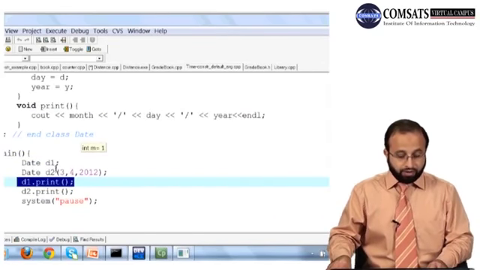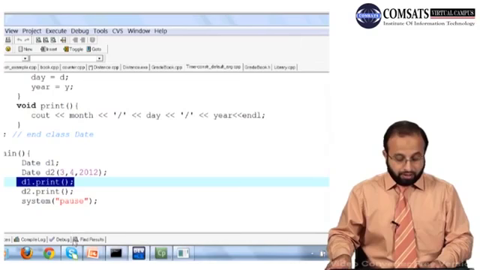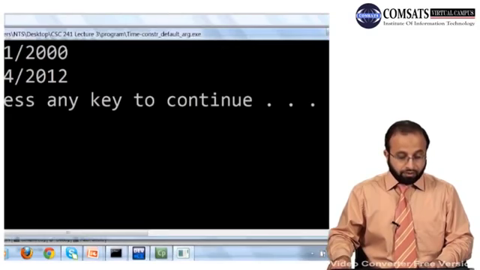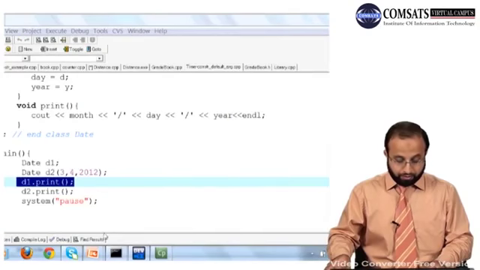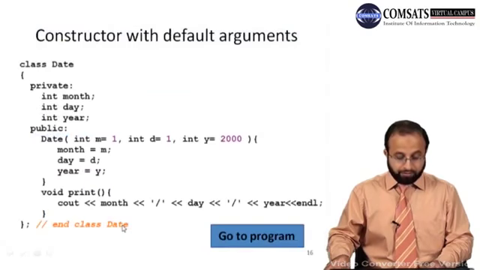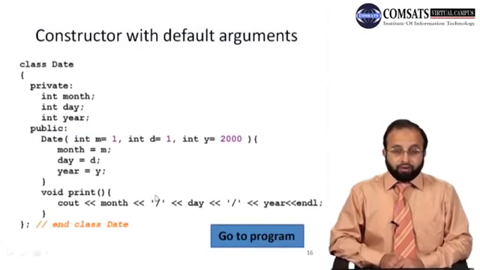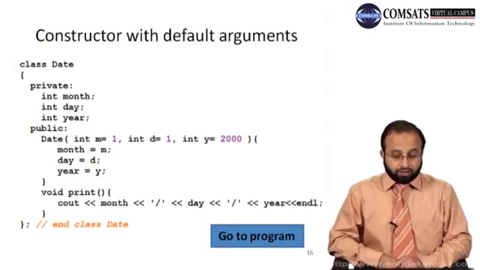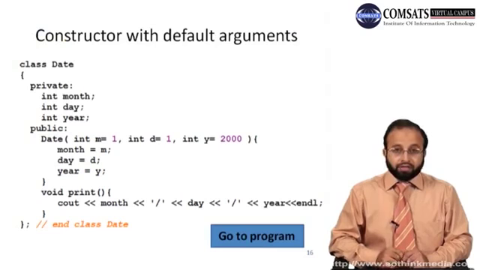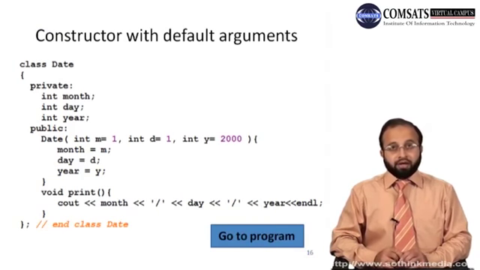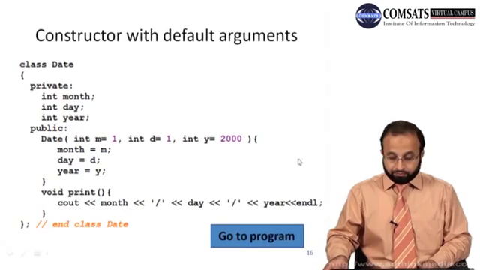But for the second object, we have specified the values, and then it displays those values 3, 4 and 2012, right? So this is how you can specify the default arguments for the constructor, and default arguments are the arguments with which the object's private data members are initialized.